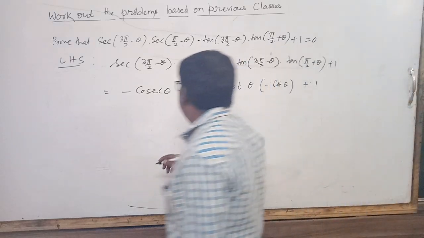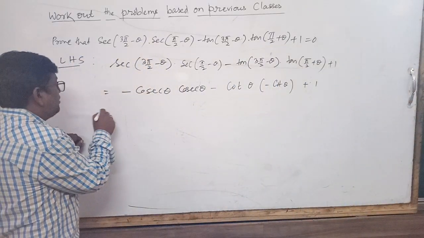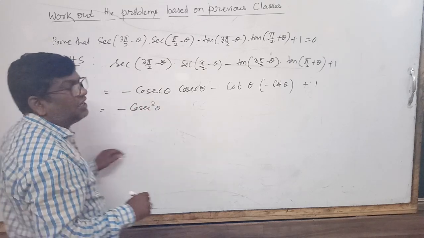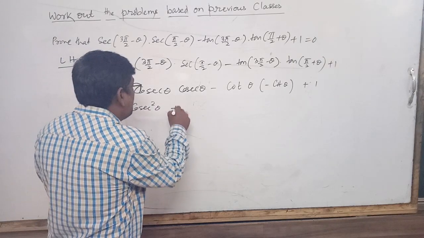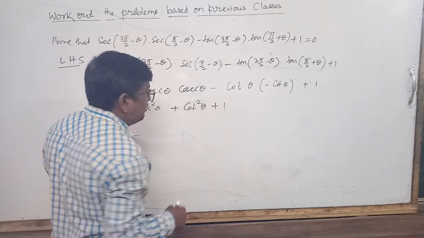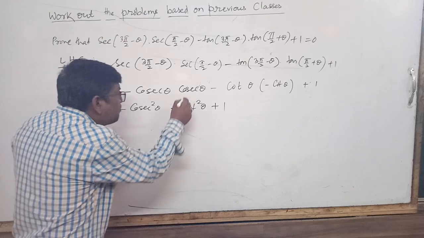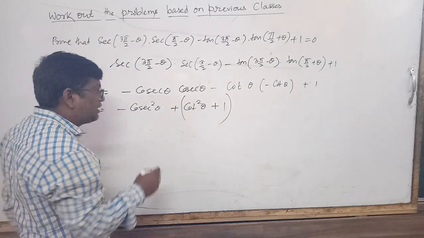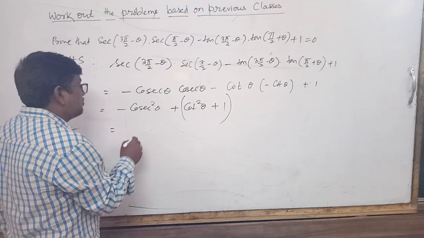Clear? And this is minus cosec square theta plus cot square theta plus 1. We know 1 plus cot square theta is cosec square theta.